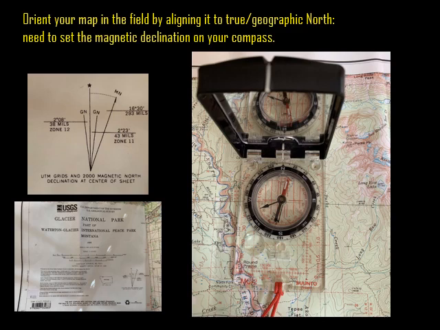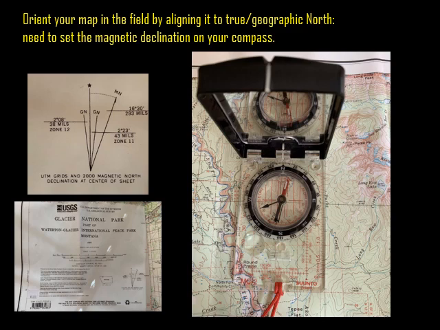Each good topographic map will also have an indication in its legend of what the magnetic declination is at the time that the map sheet was printed. So what you see here is a legend entry where we have two UTM zones, zone 11 and zone 12, and the relative position of the UTM grid relative to the geographic grid is given as different relative angles between zone 11 and zone 12.